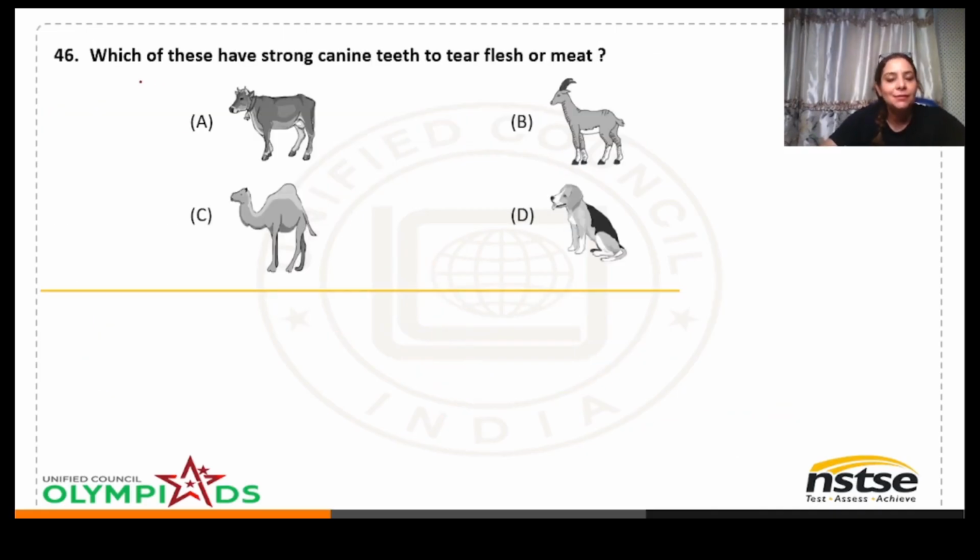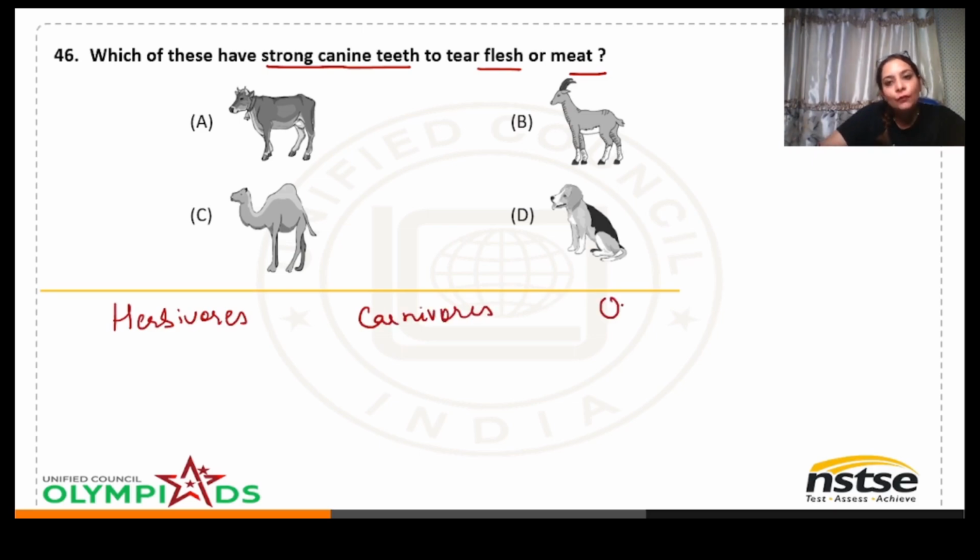Next question says, which of these have strong canine teeth to tear flesh and meat? We have a few options given, option A, B, C and D. Now strong canine teeth: on the basis of food habits, we classify organisms as herbivores, carnivores, and also omnivores.